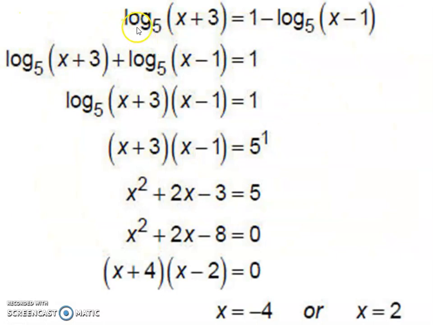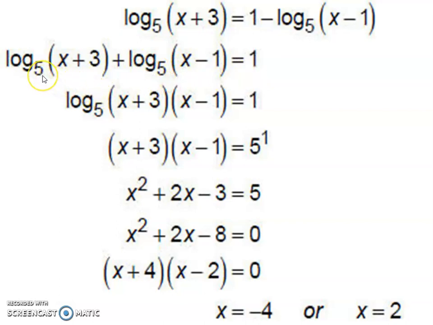Here in this example, log of x plus 3 to the base 5 is equal to 1 minus log of x minus 1 to the base 5. Here a minus sign is there, so we can shift this term to the left hand side of the equation and 1 remains the same.